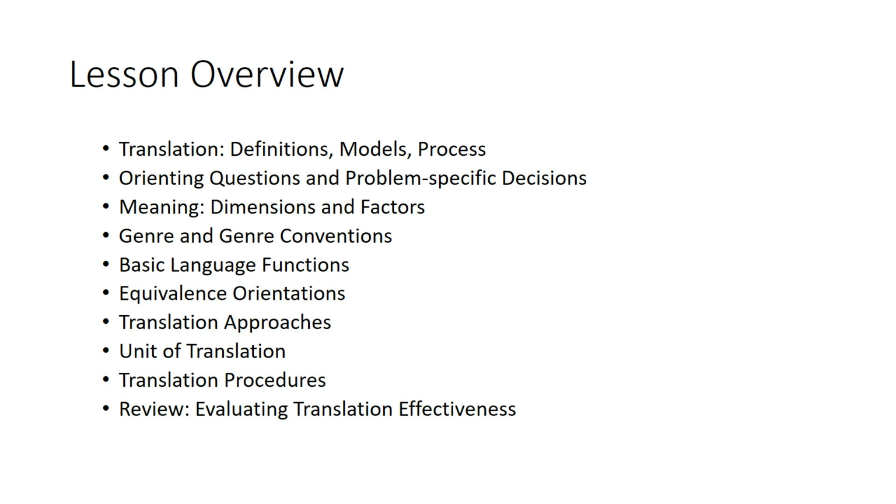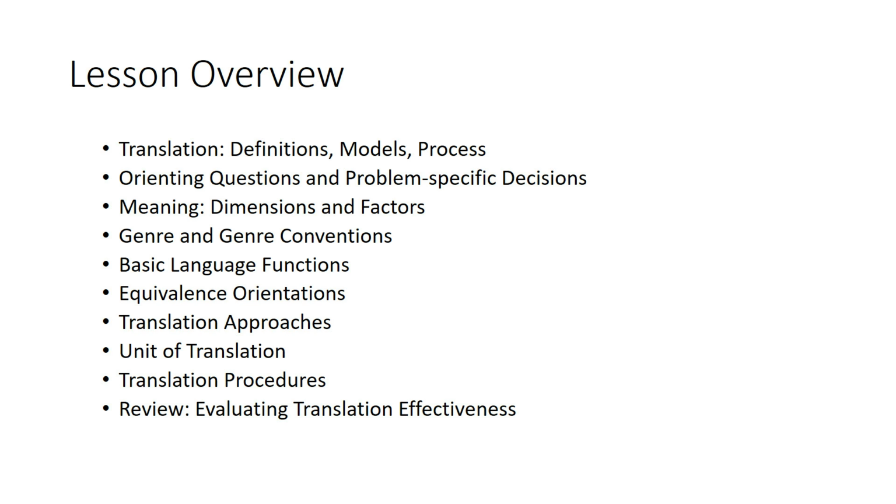All right, just to give you an idea of the topics we'll cover, I have this lesson overview. We'll start off by talking about definitions, models, and the translation process. Then we'll talk about orienting questions and problem-specific decisions. Then we'll talk about the importance of meaning and what are some of the dimensions and factors that contribute to meaning in texts. We'll talk about genre and genre conventions, which are immensely important.